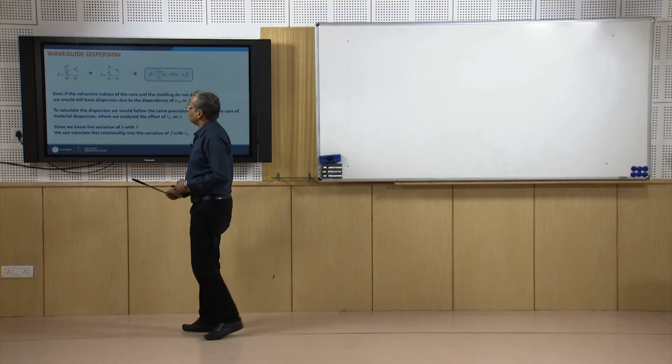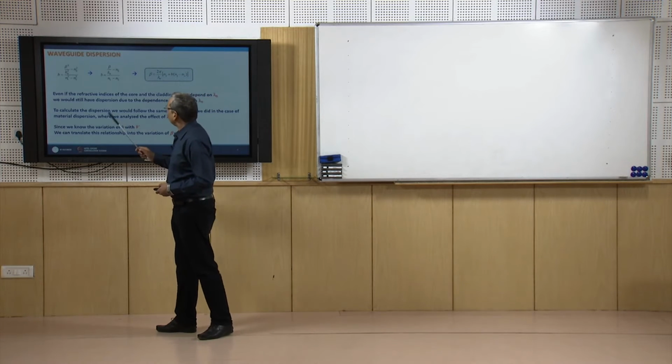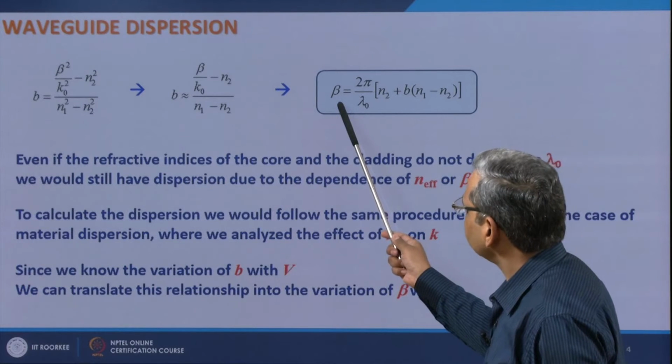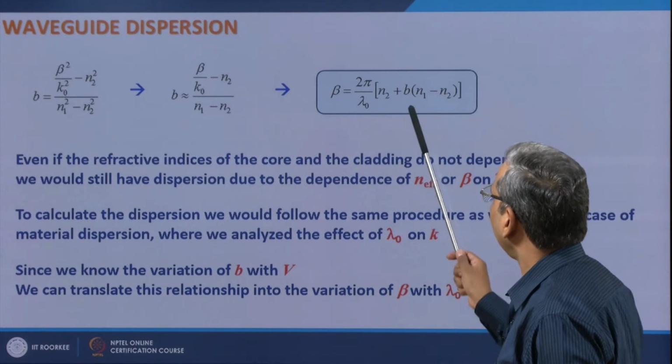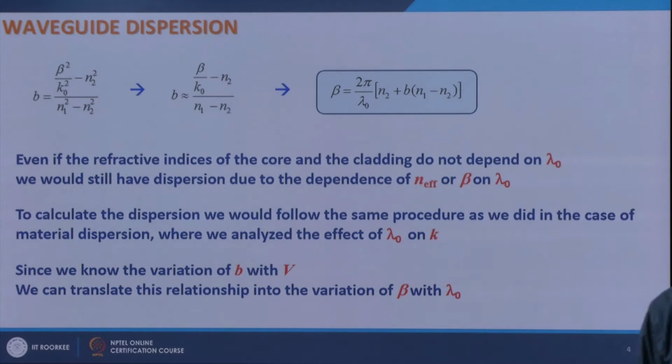So, what I can do now, I can obtain the propagation constant of the mode in terms of fiber parameters and the normalized propagation constant b.